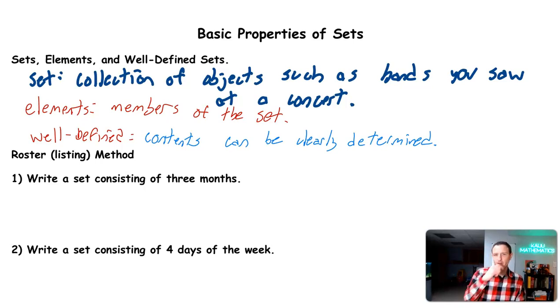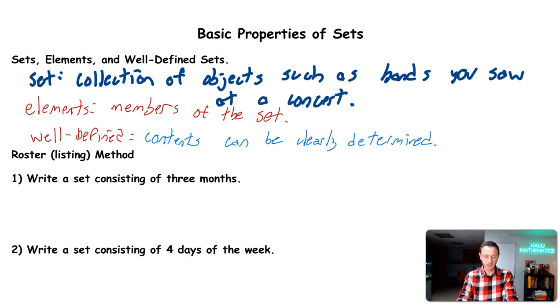Meaning, if I were to say something like the set of all of my favorite bands, that's not well defined because that could change. Like I could like a band one year, then the next year I might not like it, or someone else could have a different set of favorite bands. So the set has to be well defined.